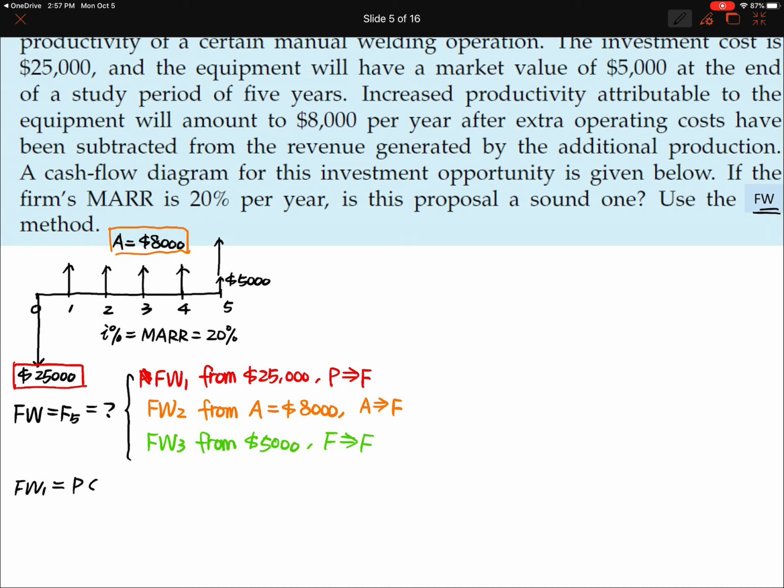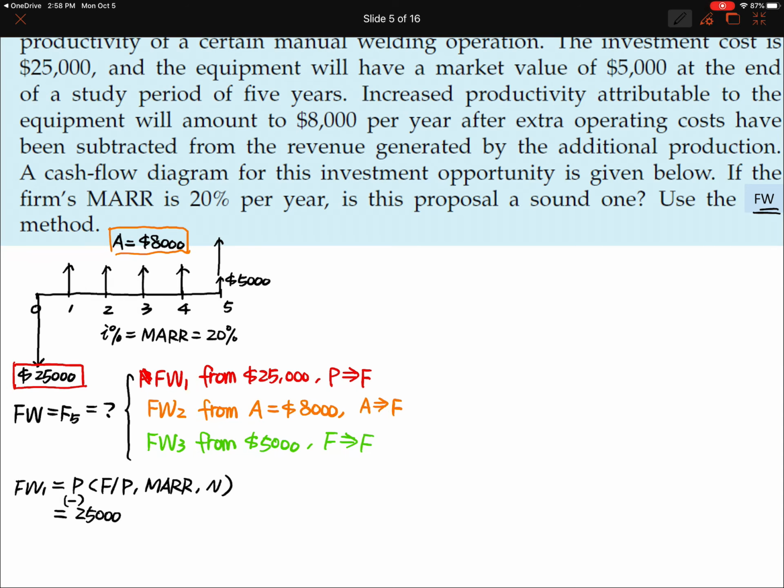So FW1 is to find the F given P, right? So the equation is gonna be P times F/P, MARR, N. And P here is 25,000.